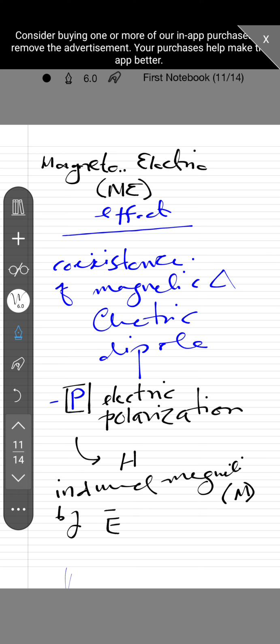So change in P due to H, or induced magnetization due to the electric field, both of them are ascribed to this ME effect.